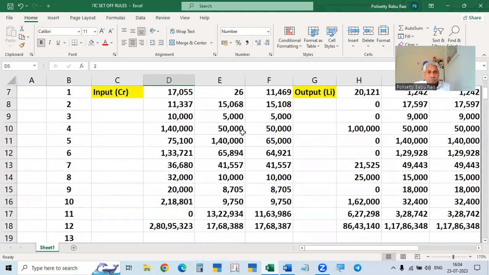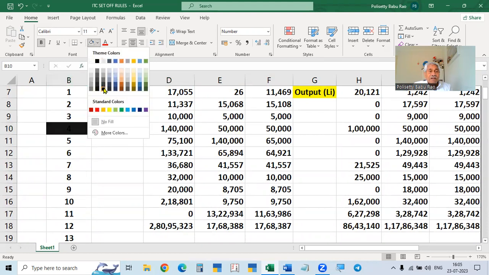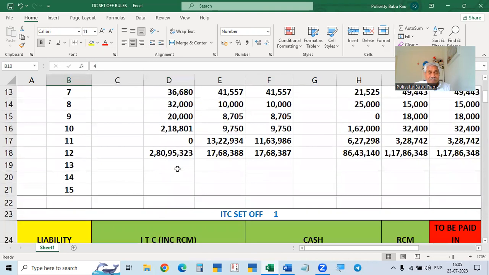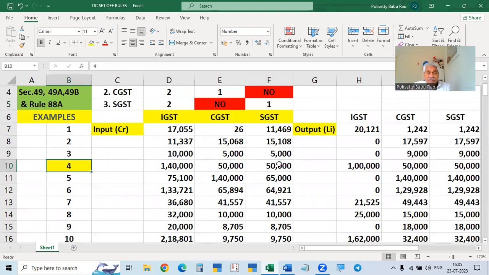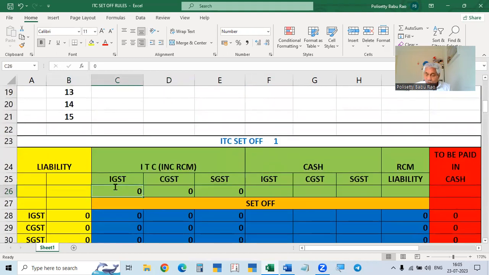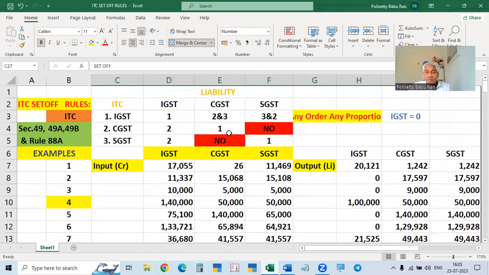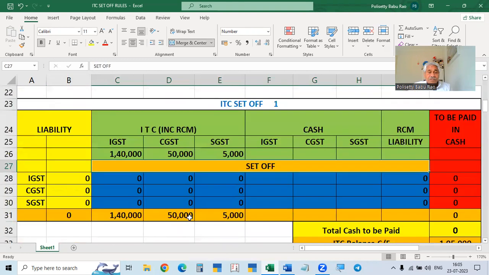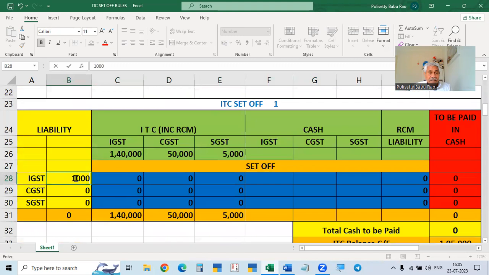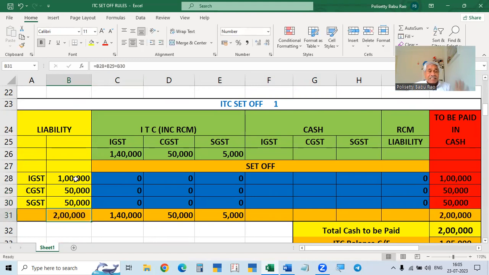I will take a simple example. See here, for example, I will take number 4 first, a very simple one. Here 1,40,000, 50,000 plus 50,000 is the ITC available. And here 1,00,000, 50,000, 50,000 is the liability.